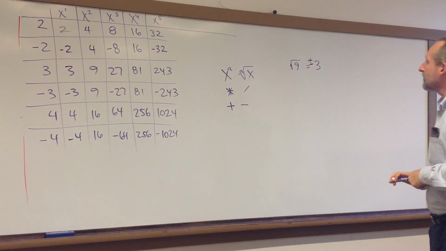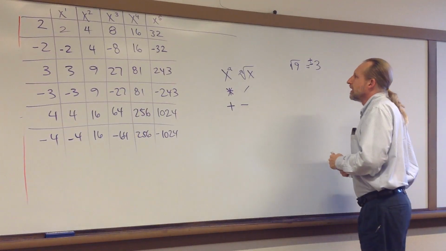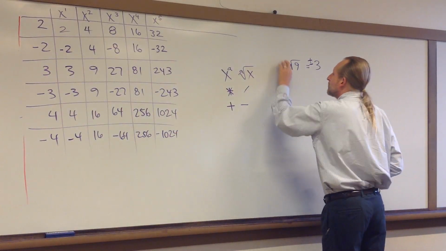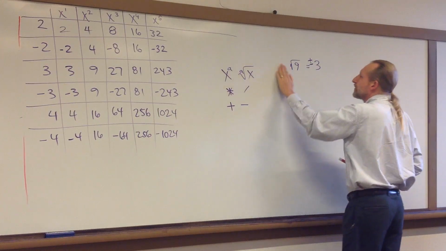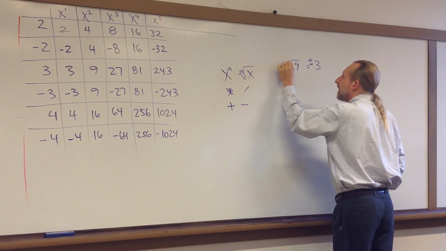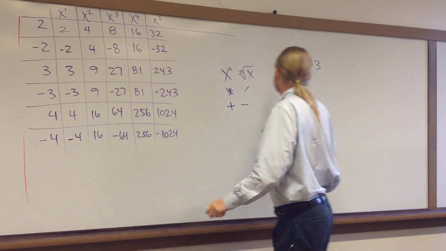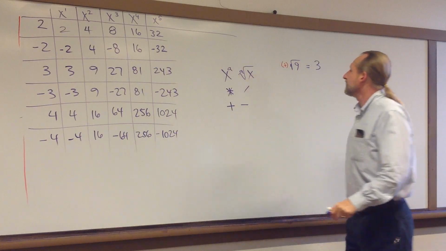That's fine. I don't have a problem with that. There is this issue in American mathematics particularly, where they say, if you see this square root symbol with nothing in front of it, that means only the positive square root. And therefore your answer should only be positive 3.